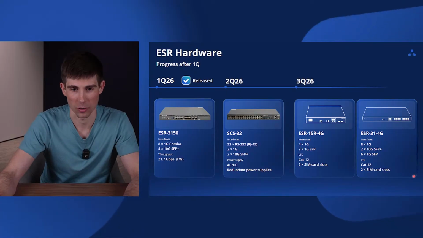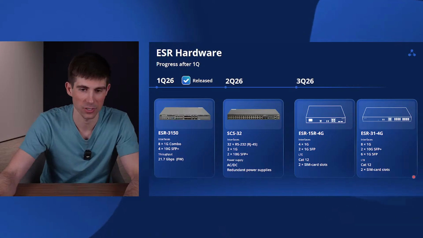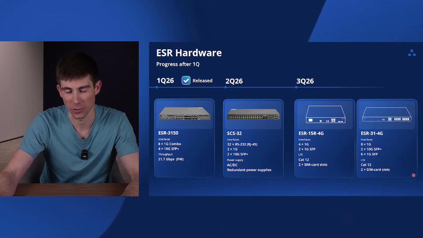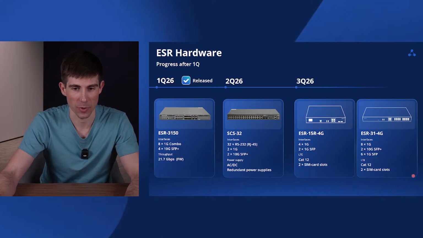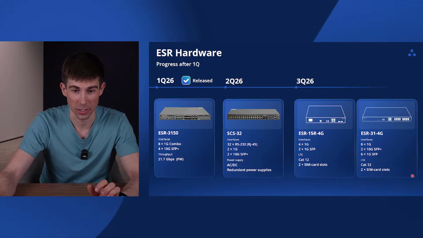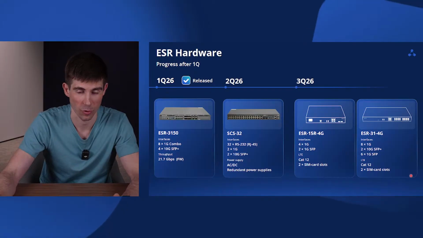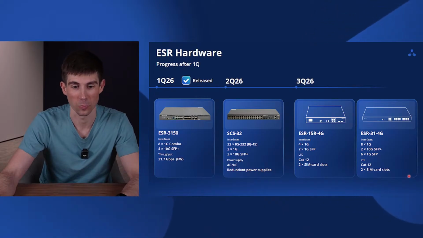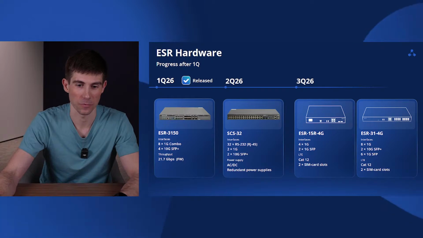We are writing software to support those devices, and if you have any comments, if you have any requirements, we recently contacted our partners in terms of what they think of and what requirements they have for these devices. If you have anything to share with us in terms of what you want to see in those devices, please feel free to reach us.